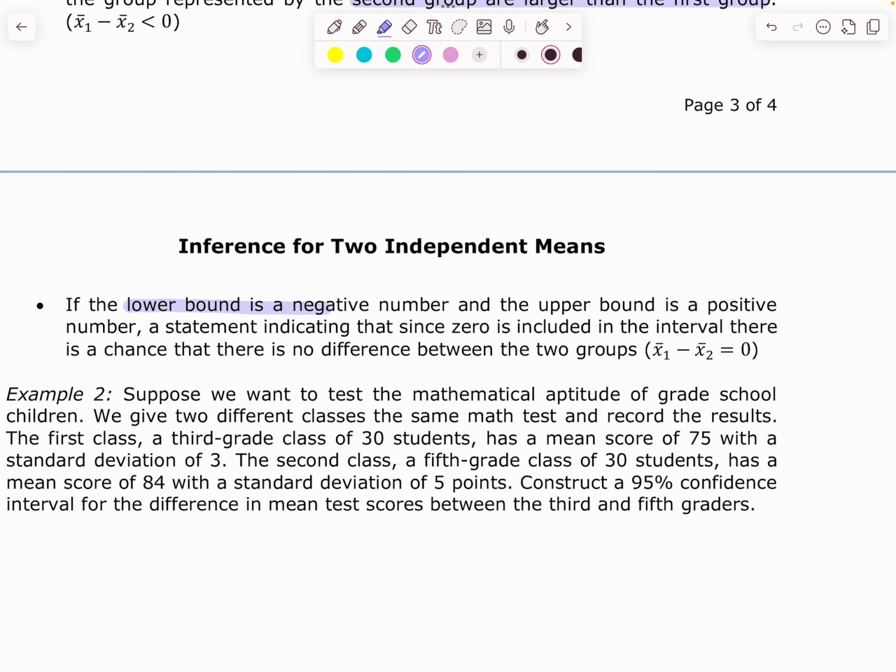And if the lower bound is negative and the upper bound is positive, then 0 is included in the interval. Therefore, there is a chance that there is no difference between the groups, because that would mean that x bar 1 minus x bar 2 could equal 0. So that would mean that they're the same and there's no difference.